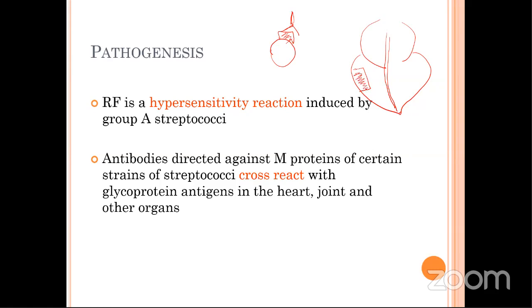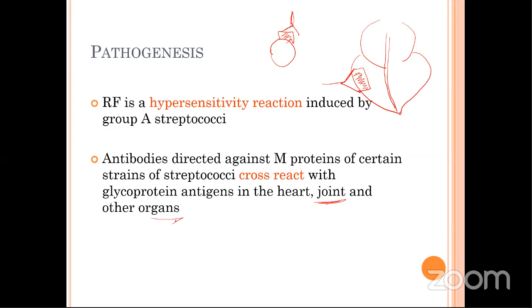Okay, so this same antibody will cross-react with the antigen here, because this antibody will think that the antigen on the surface of the streptococcus is the same as that of the antigen on the walls of the heart. So these antibodies will also cross-react with the antigens on the walls of the heart, similarly in the joint and some other organs.